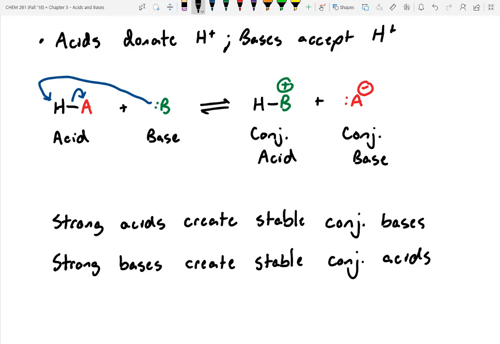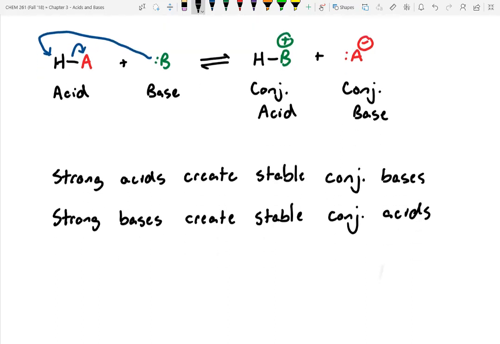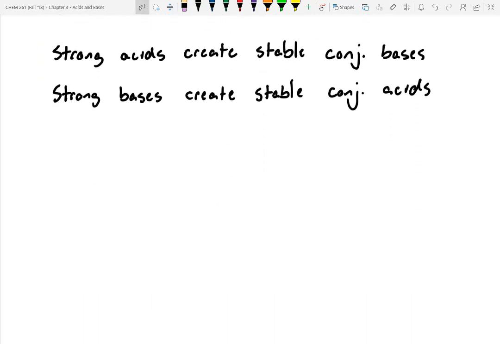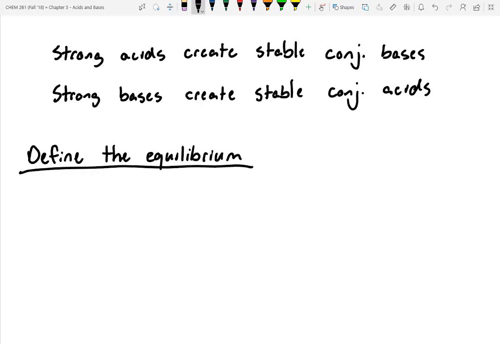But before we do that, I want to start defining equilibrium constants a bit more, since I know some people have forgotten those. So let's define the equilibrium. And if you think all the way back to Gen Chem, we can rewrite out this equation.